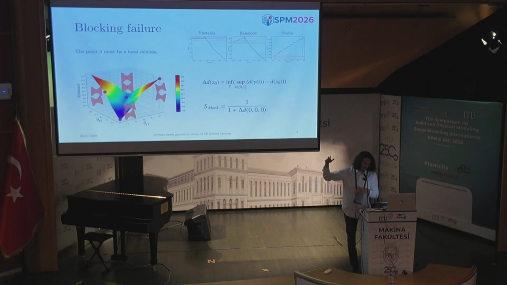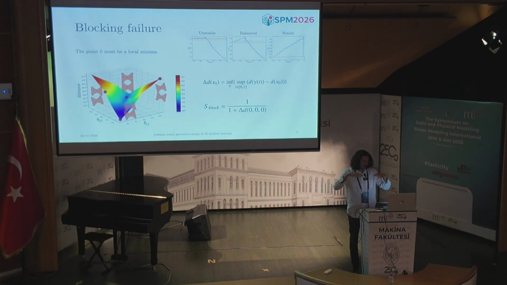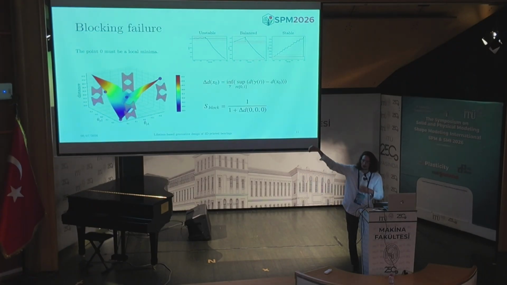So when we have the graph of the distance between the two rollers and the orientation of the two rollers, we want it to be stable at the 0 point, so it means that we want the 0 point to be a local minimum.